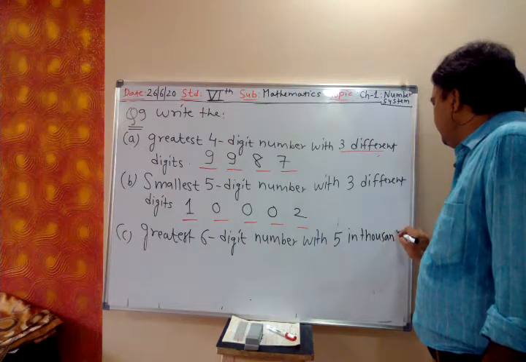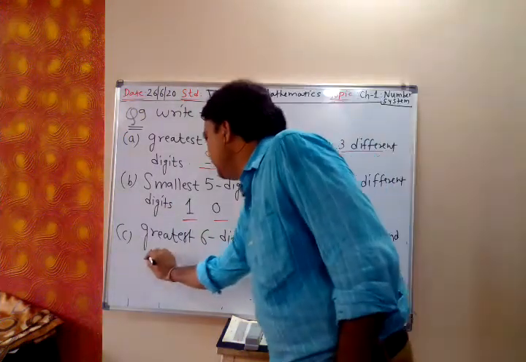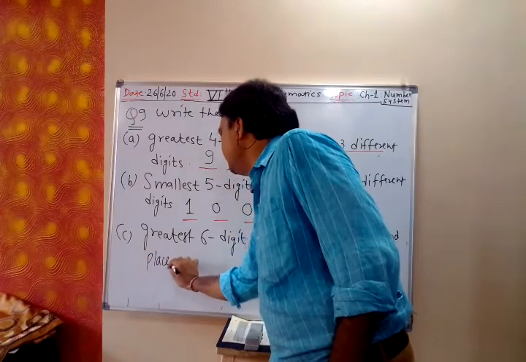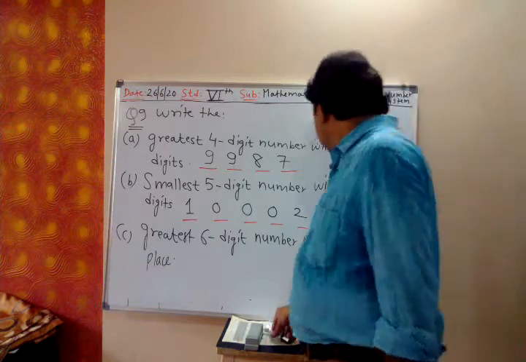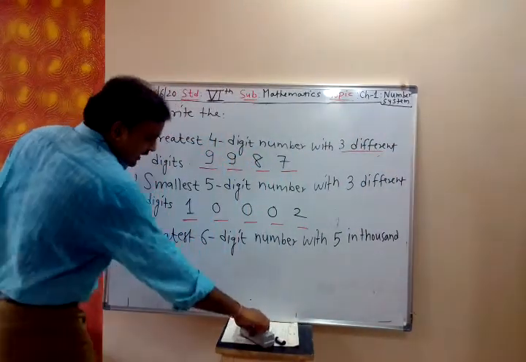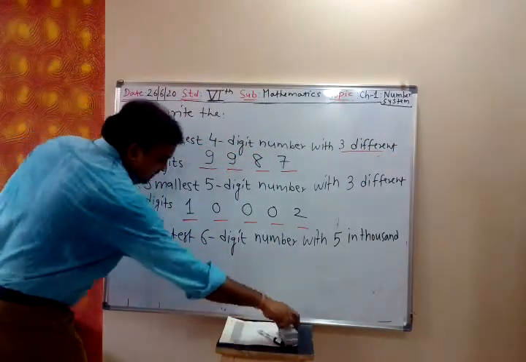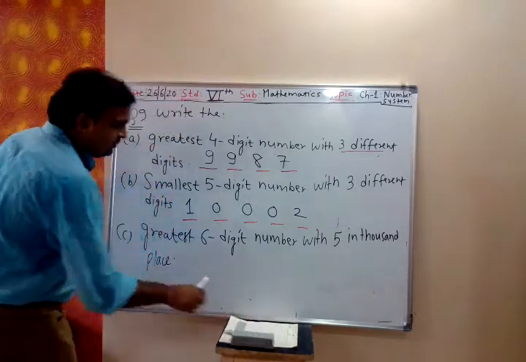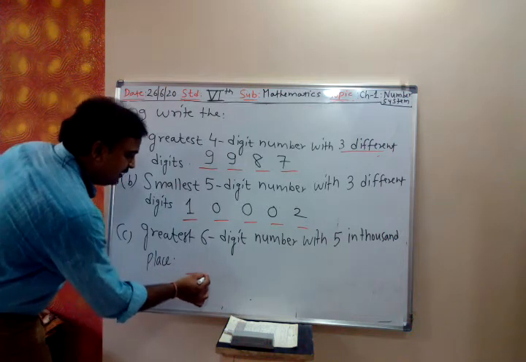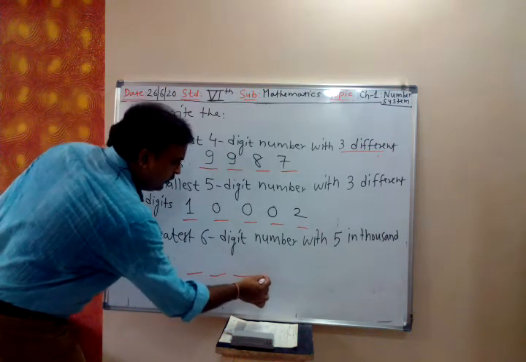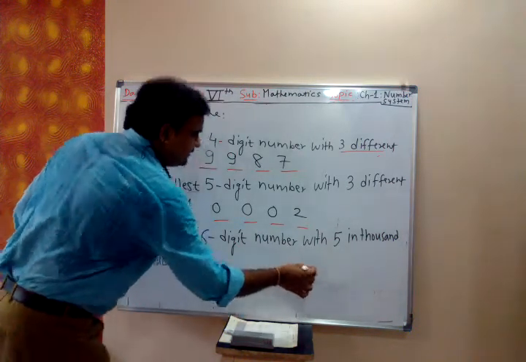We want the digit 5 in the 1000 place. Greatest 6-digit number with digit 5 in the 1000 place. Now we want a 6-digit number. So now one digit, 2, 3, 4, 5, 6.